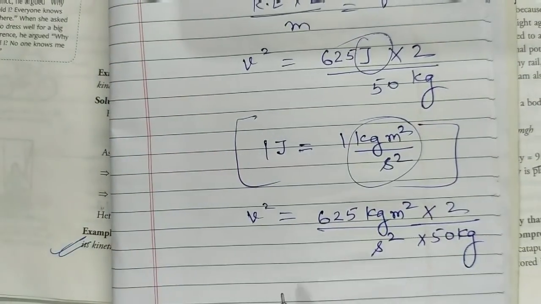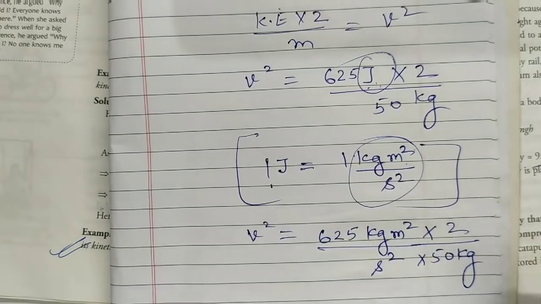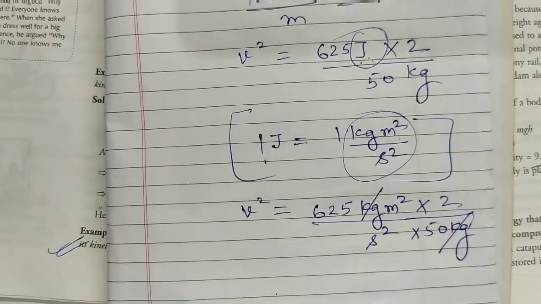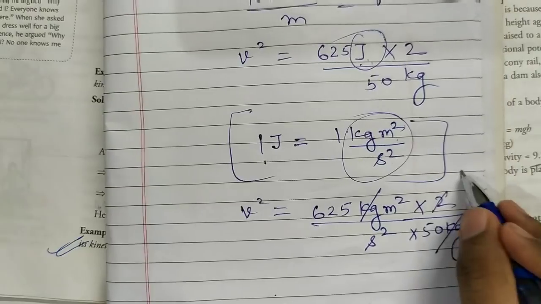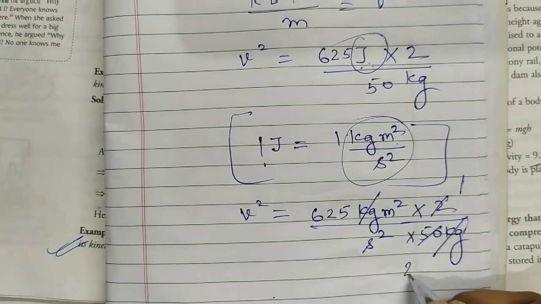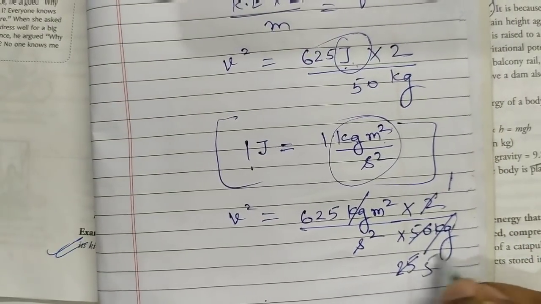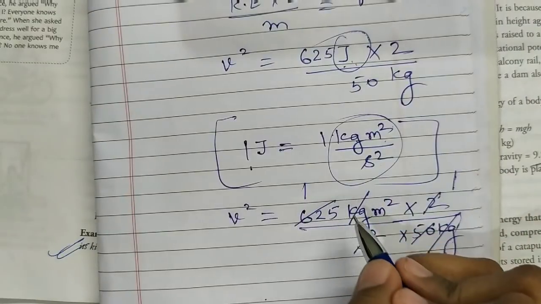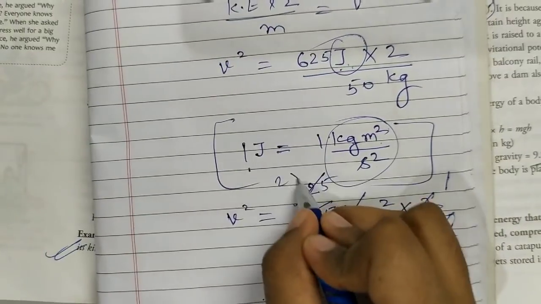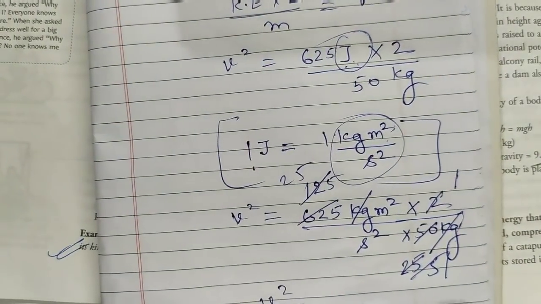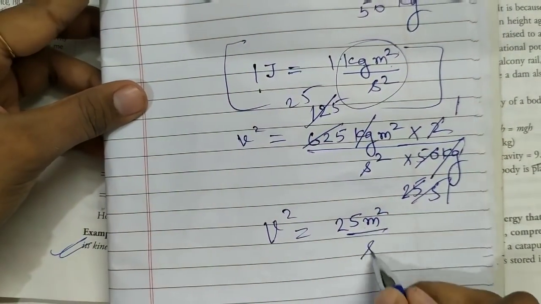Just see, we have kept the value of 1 joule here as kg meter square per second square. Now kg gets cancelled. Then after solving, v square is equals to 25 meter square upon second square.